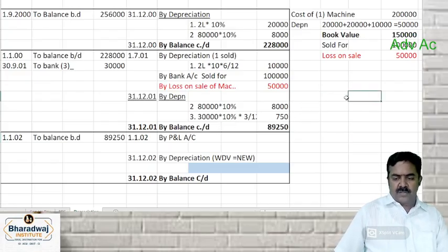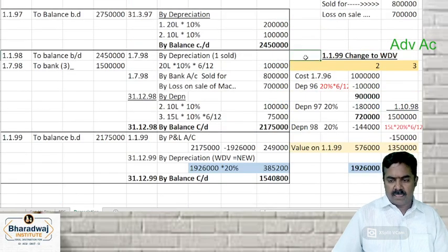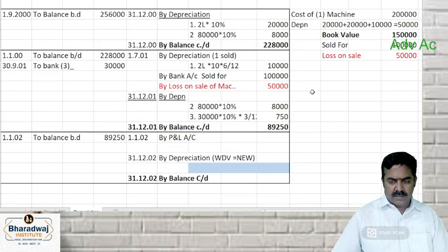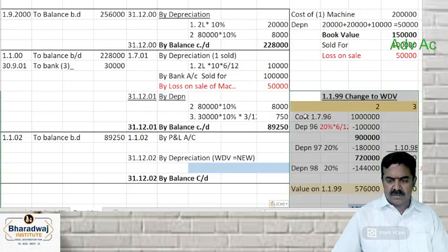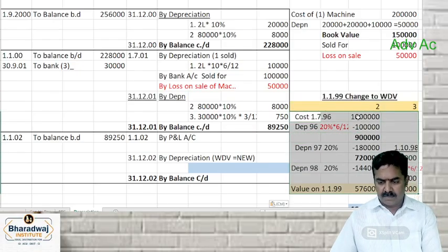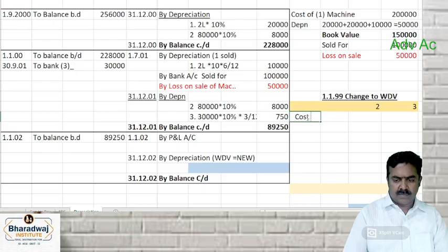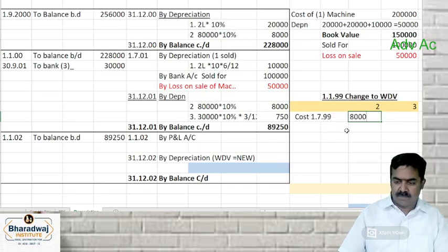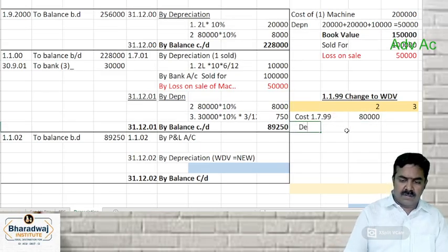Which machine do we need to change depreciation for? Second and third we need to change depreciation. Cost of the second machine on 1/7/99: how much did you purchase the second machine for? What percent depreciation? 15% for 6 months.